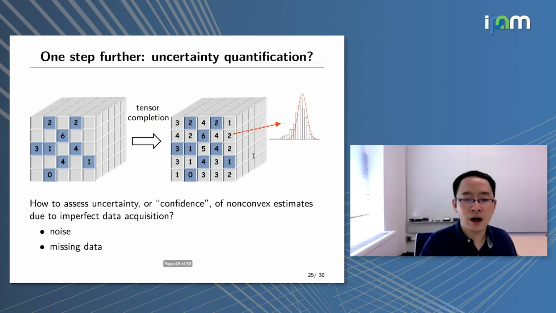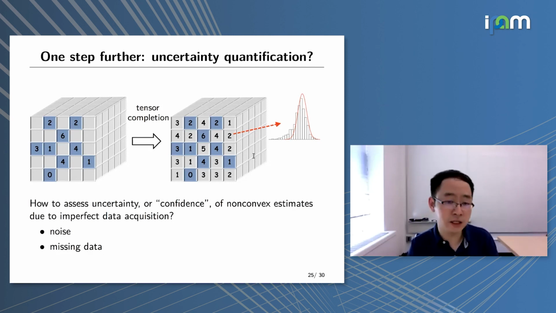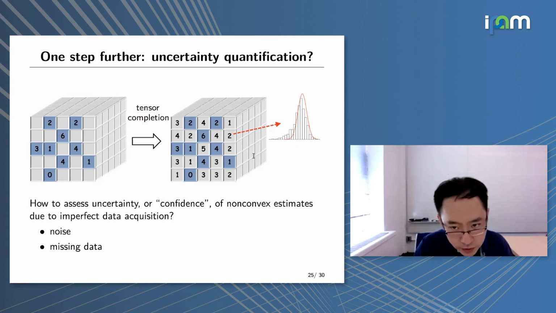Okay. And why do we care about uncertainty quantification? This is a very important thing to communicate to the user. If there is noise, if there's missing data, you want them to know how good your estimate is and how much confidence you have about the estimate you return.